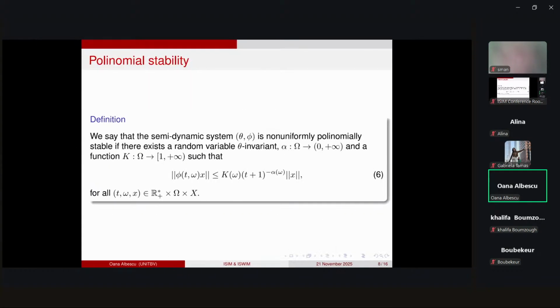Now let's talk about polynomial stability. In this case, the system still stabilizes over time, but more slowly than in the exponential case. The rate of decay depends on the system and can vary randomly.